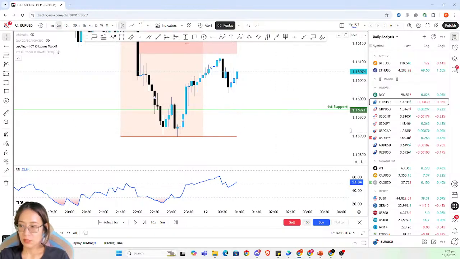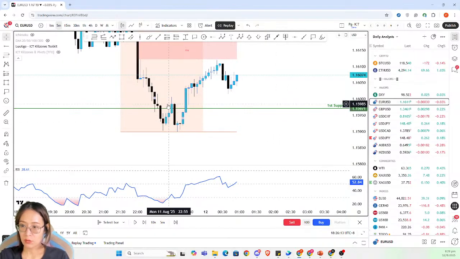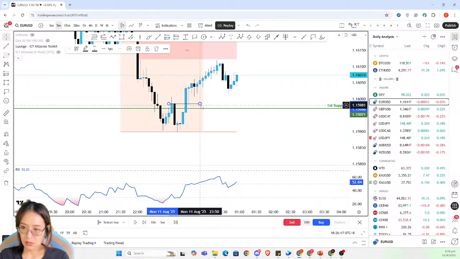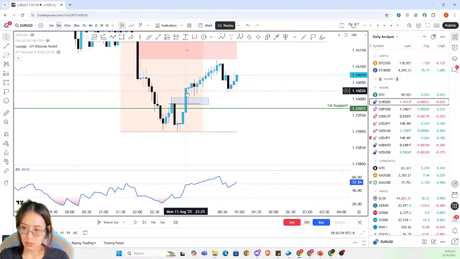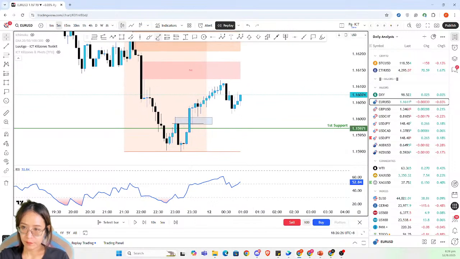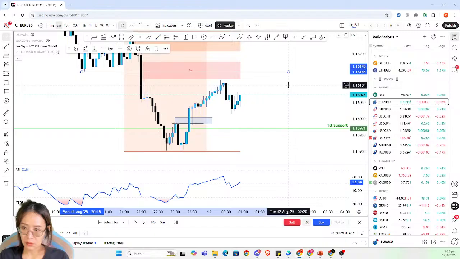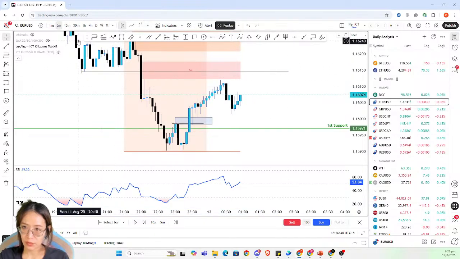Okay. Let's say price goes slightly below. From here, you will get the buy at this level, meaning that price rises, pulls back here, buy up. And this is another resistance level for the M5.